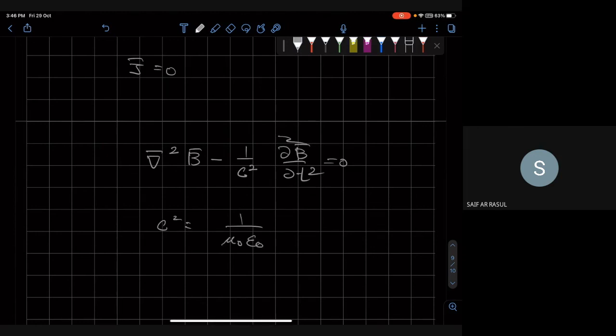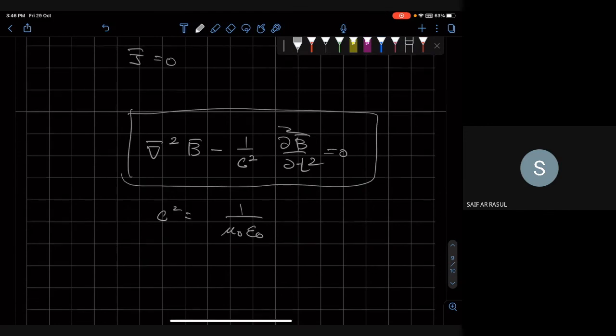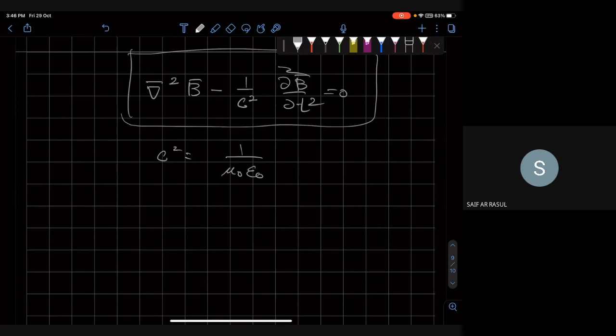Okay. So this shows that magnetic fields can exist as waves made out of a magnetic field whose speed is given by c, and from the measured values of mu naught and epsilon naught, this turns out to be the speed of light.